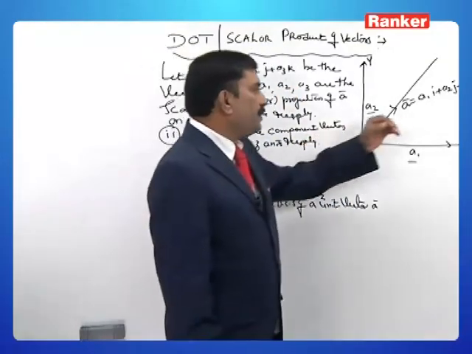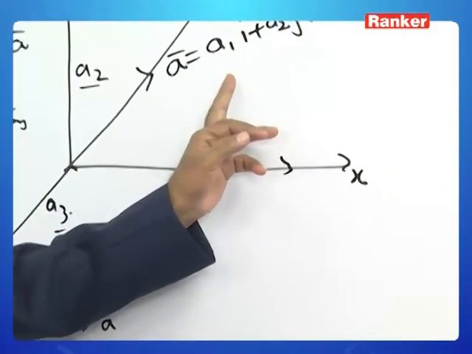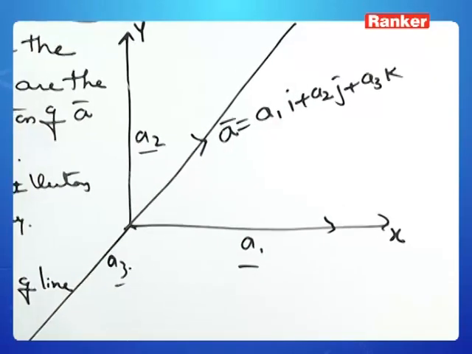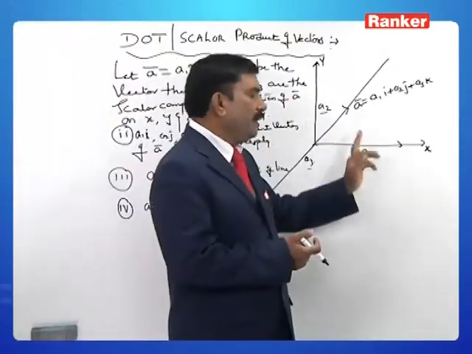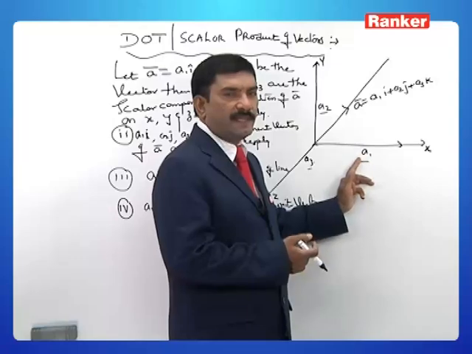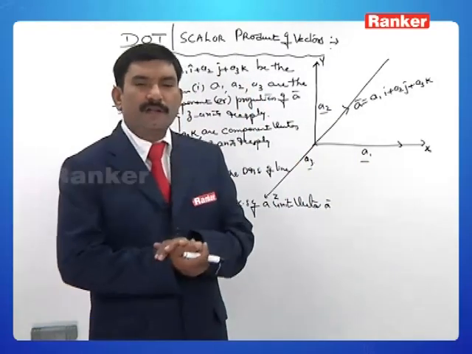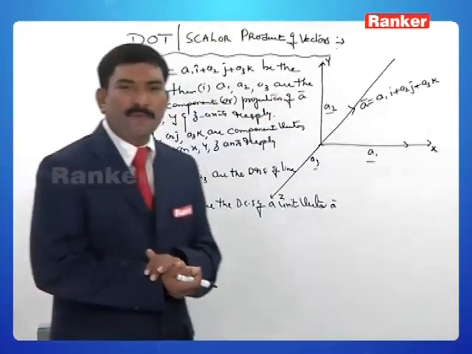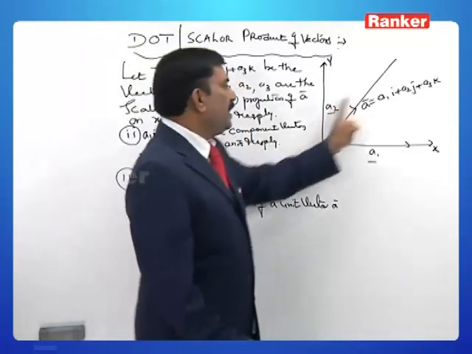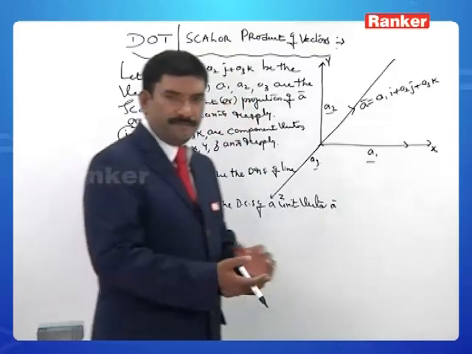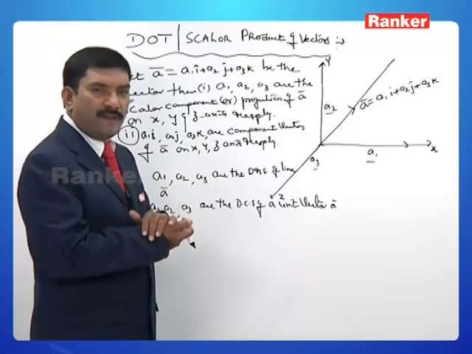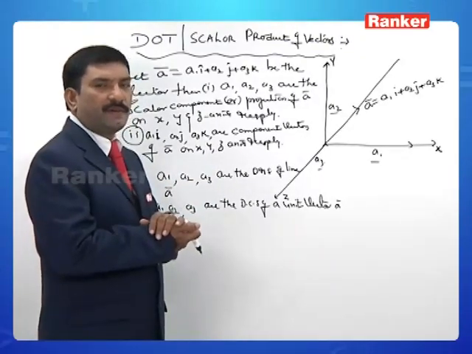Now if I take A bar equal to A1i plus A2j plus A3k in three dimensions, A1 is the scalar component or projection of A bar on the x-axis, and similarly A2, A3 on the y and z axis respectively. Later, if I take A bar as a line or a ray or a vector, if you want DCs and DRs treatment, better go for a line or a ray instead of a vector.